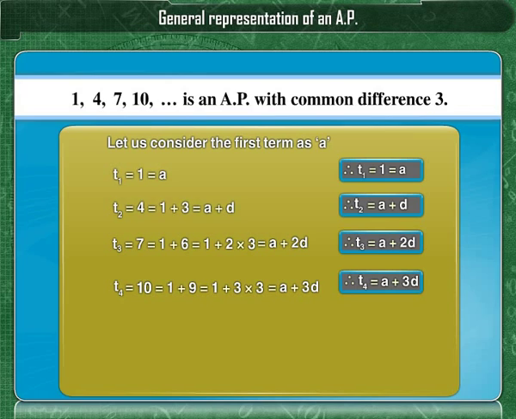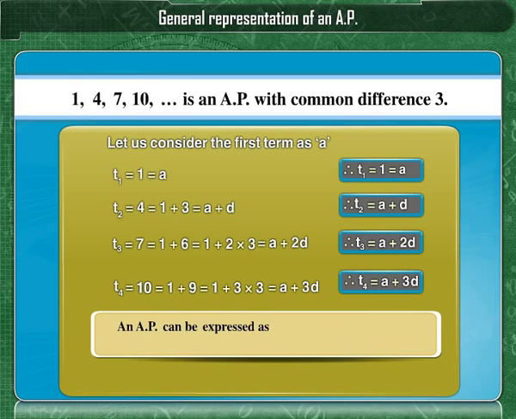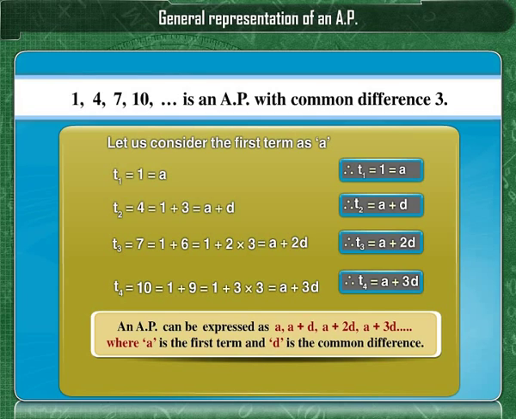Therefore, we get T1 is equal to A, T2 is equal to A plus D, T3 is equal to A plus 2D, T4 is equal to A plus 3D, and so on. Thus, an AP can be expressed as A, A plus D, A plus 2D, A plus 3D, and so on, where A is the first term and D is the common difference.